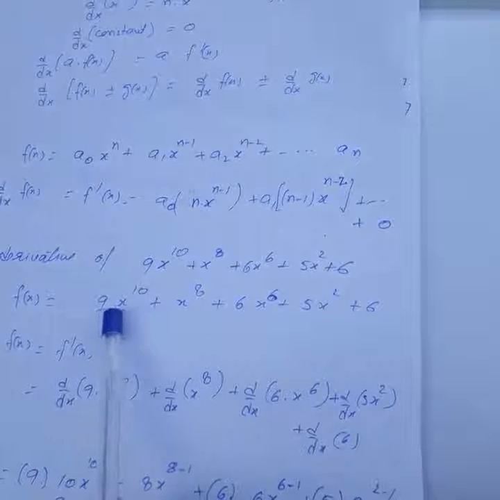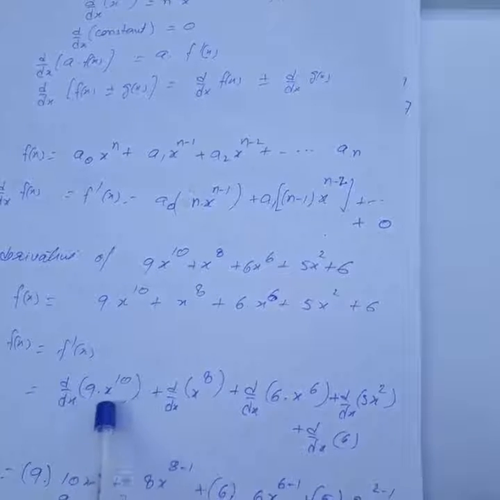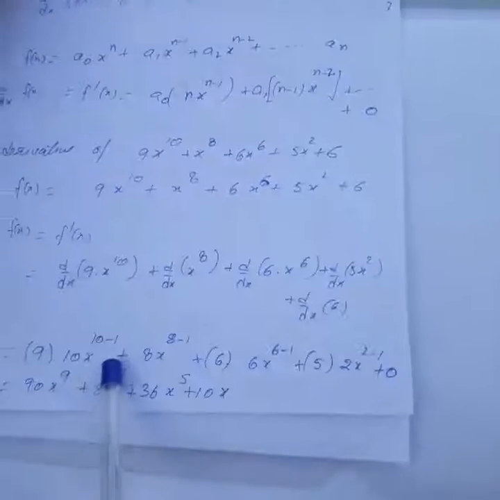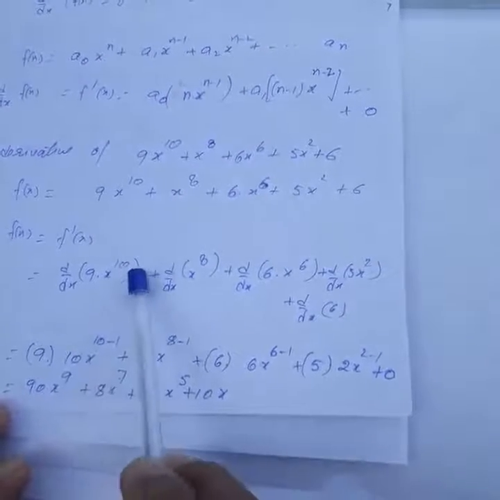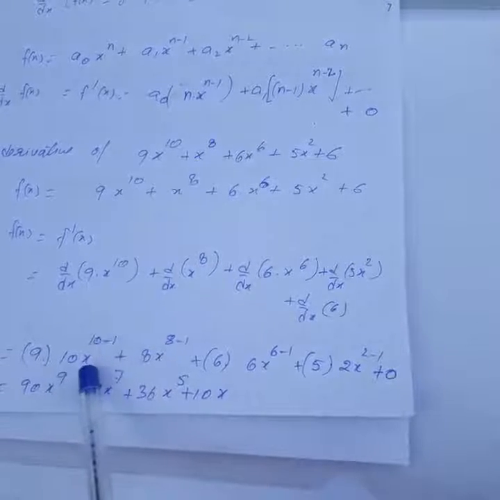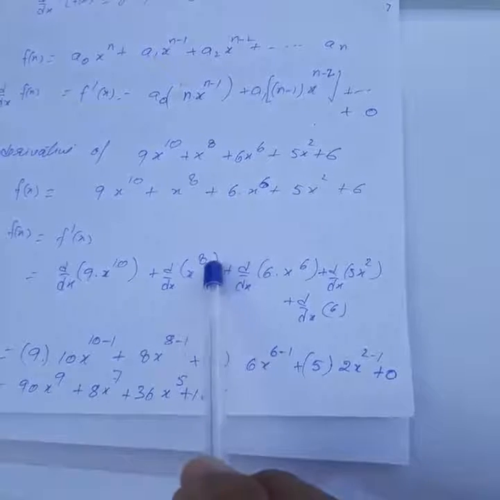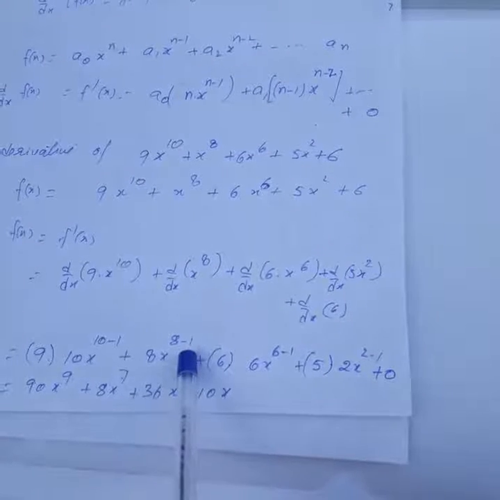The derivative of the first function, 9 into x^10: because 9 is a constant, we can write 9 here like this. So it is 9 into the derivative of x^10. And what is the derivative of x^10? It is 10 into x^(10-1). Similarly, the derivative of x^8 is 8 into x^(8-1).